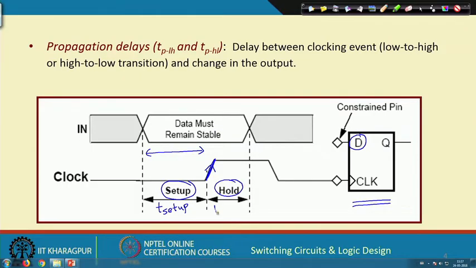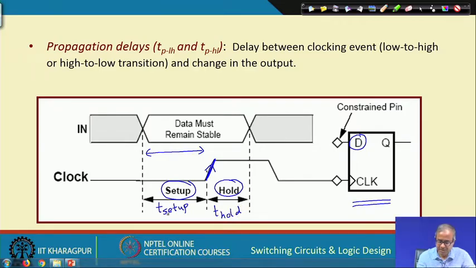This is my hold time, T hold. If you maintain these T setup and T hold constraints, then your flip flop will be working correctly. Otherwise, if you apply the inputs too late or remove them too early, the data that finally gets stored in the flip flop may be wrong. So, you need to satisfy the setup and hold constraints in a flip flop like this as I have shown.